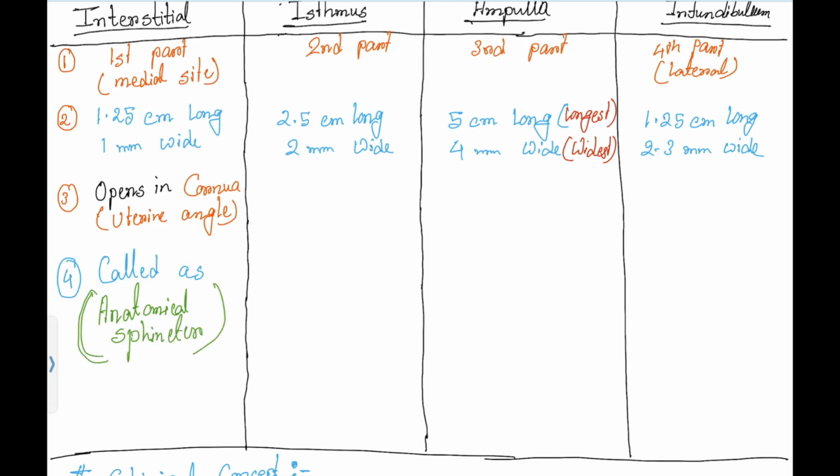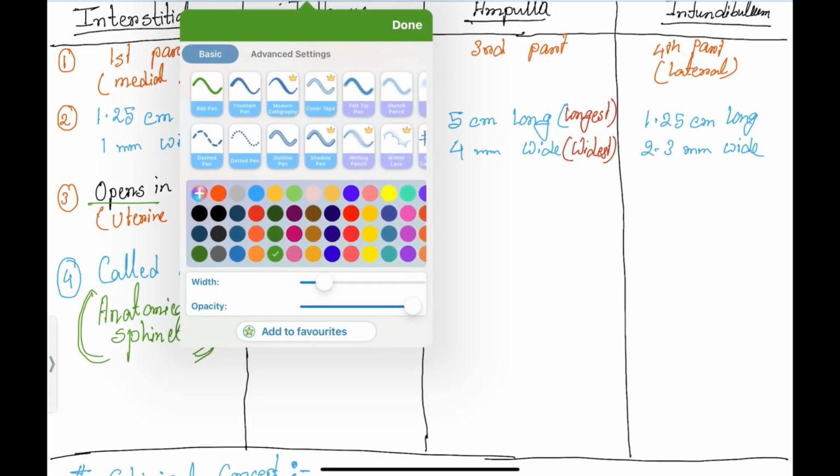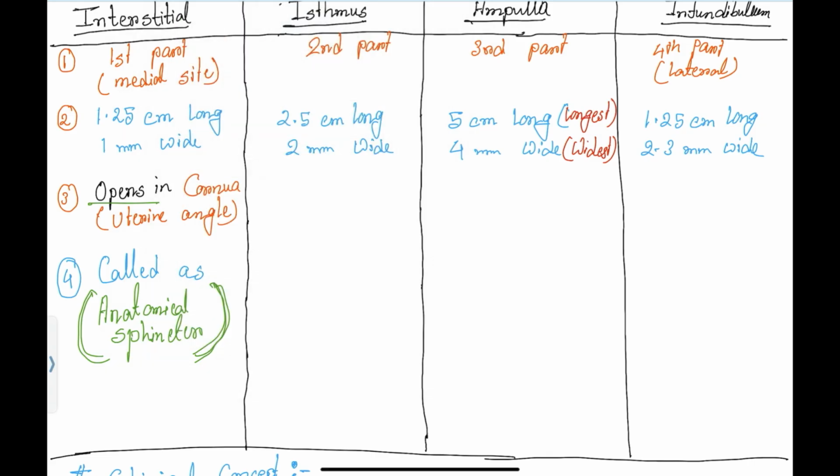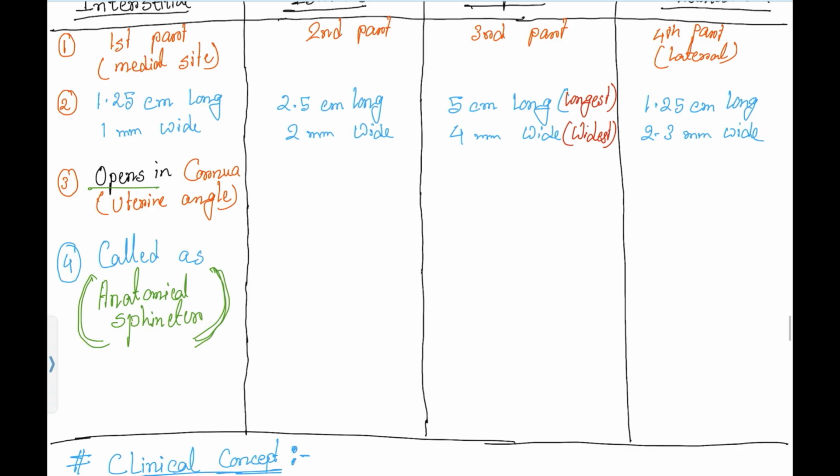So you just need to remember these two important points: the interstitial portion is called the anatomical sphincter and it opens in the cornua region.